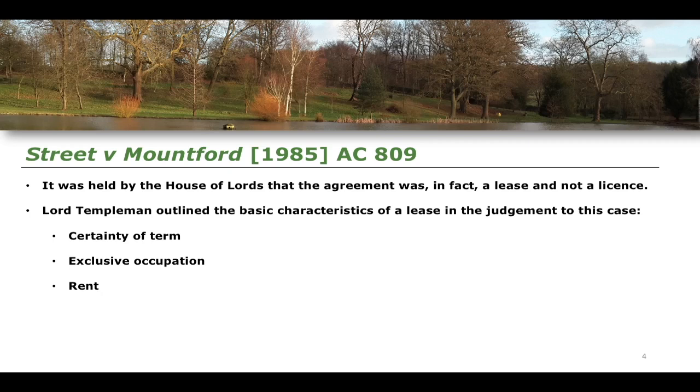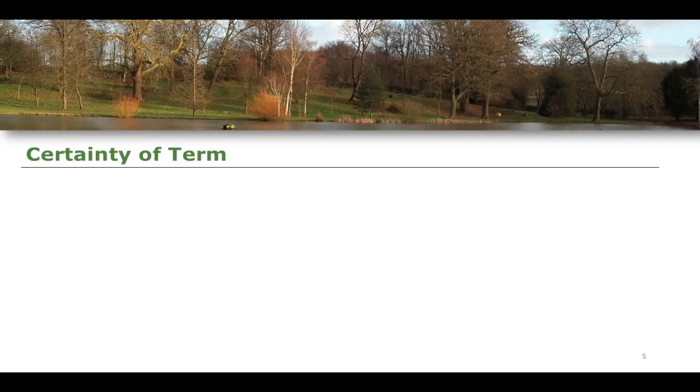But for the most part, you will pay rent when you have a leasehold. But in terms of the absolute and necessary requirements for a leasehold, you have to have the certainty of term. You have to have the exclusive occupation of the property.